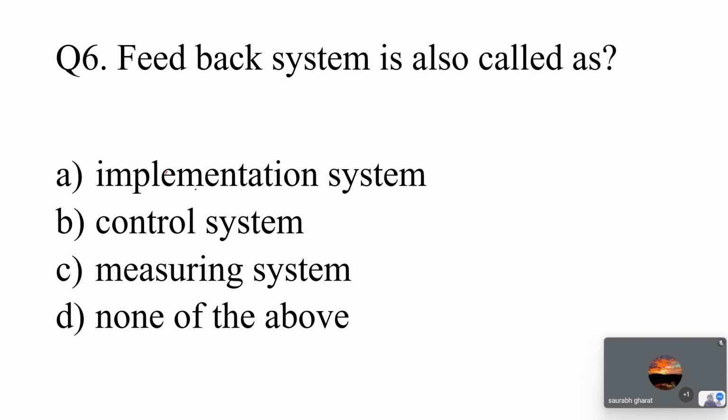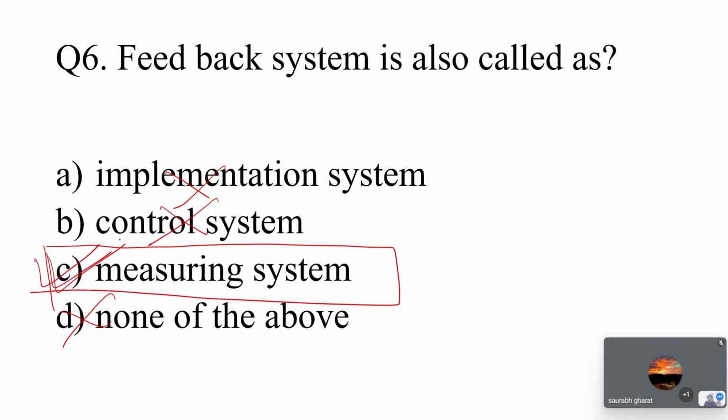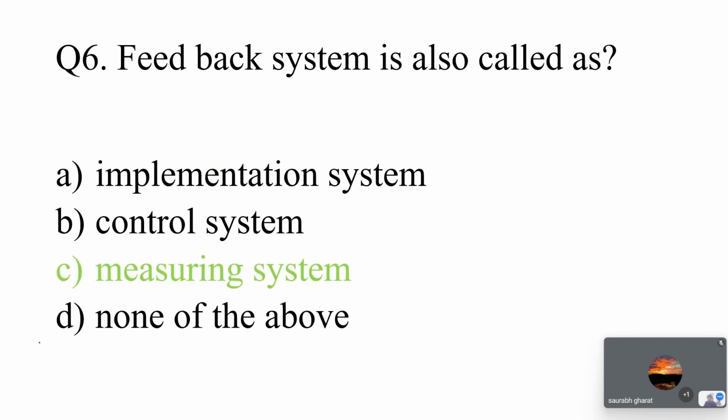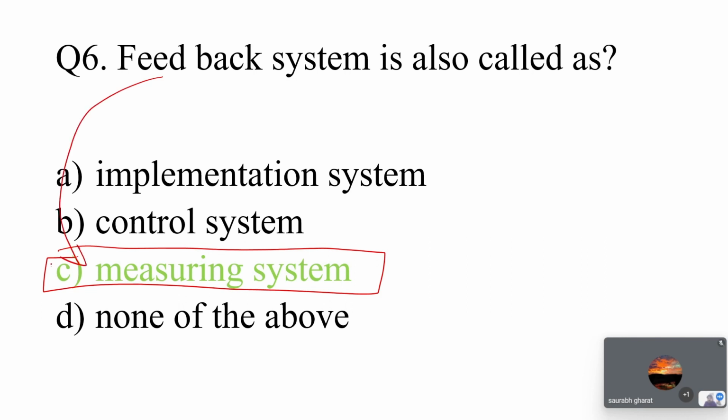Implementation system? No. Control system? No. Very good. Measuring system? This is the correct answer. This is not. So this will be your correct answer. Okay, measuring system. You can go to the slides. It is also described in the slides. So your feedback system is called the measuring system.